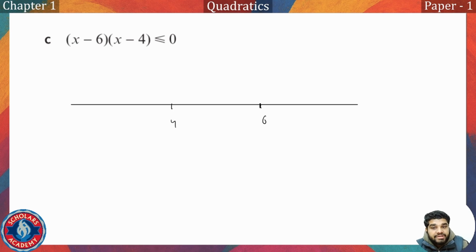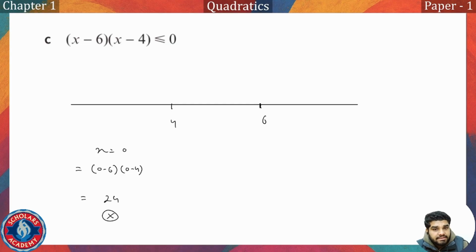If I choose any real value from the first interval, let's take x equal to 0, what I get is (0 - 6) times (0 - 4). This gives us 24, and 24 is not less than 0, right? So we'll not choose this.